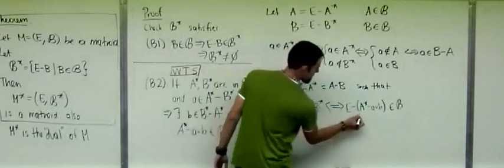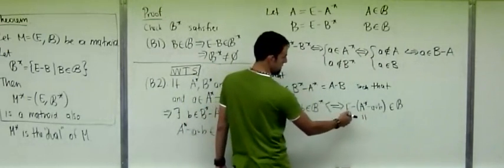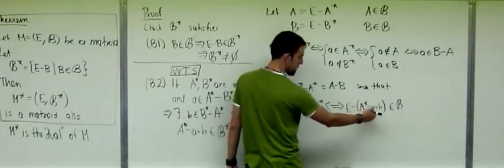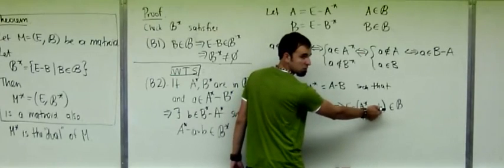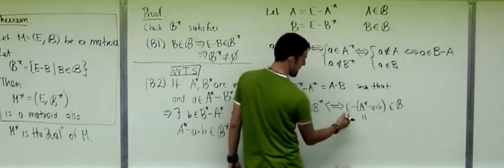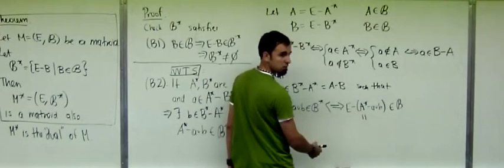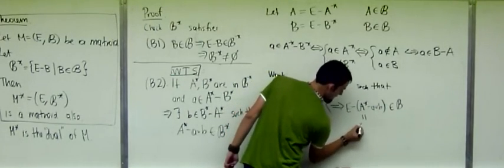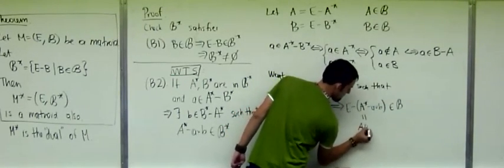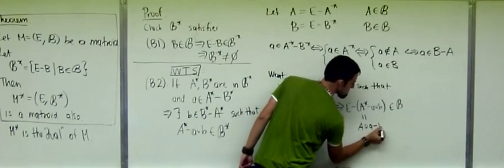But what is this? This is E minus A star union A minus B. And E minus A star is A. So this is really A union A minus B.